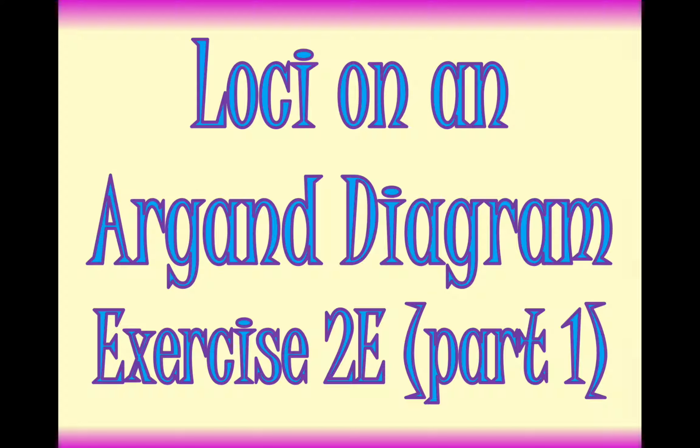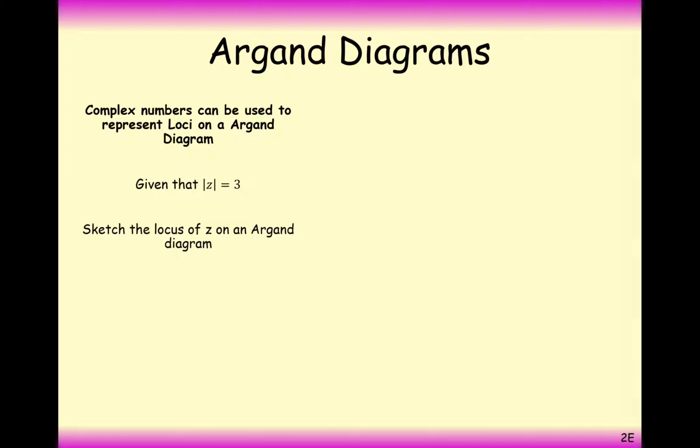So here is just the basics of how you can construct loci diagrams given certain algebraic rules to do with complex numbers. A nice simple example is we've got to sketch all of the complex numbers, we'll call them z, that have a modulus of 3.